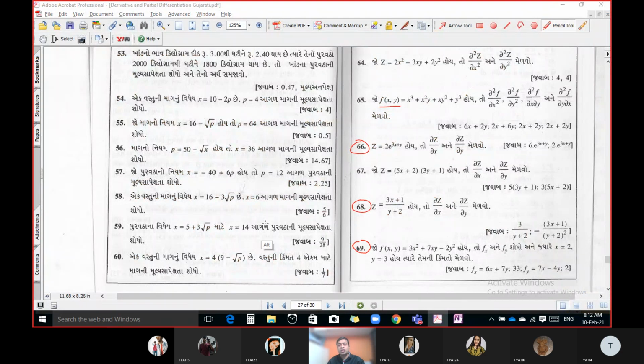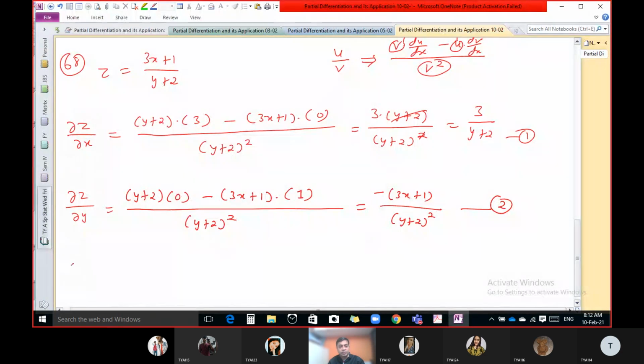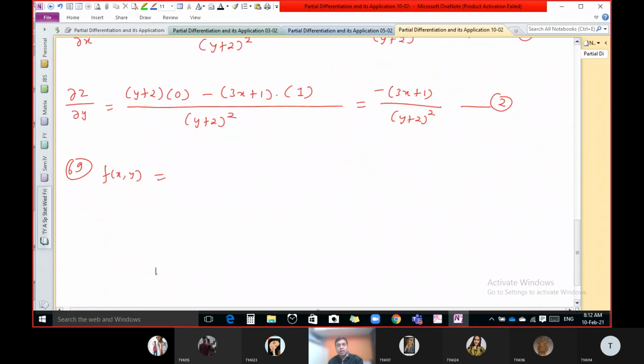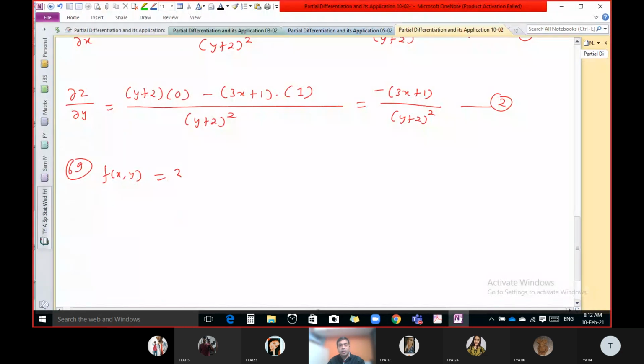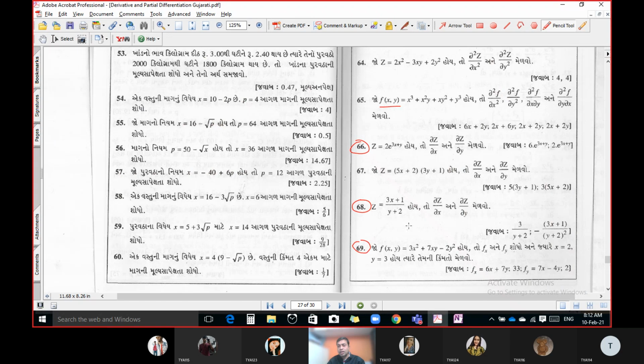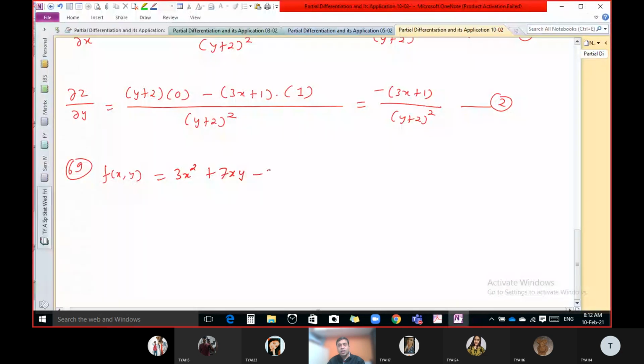Now let us do question number 69. See the question. F of xy is given here. F of xy equal to 3x square plus 7xy minus 2y square.